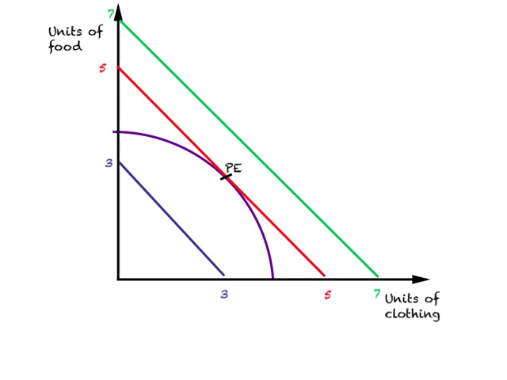possibilities. Now, in order to show that PE, or production equilibrium point, which is the point of tangency between this budget line and the PPC, represents the highest level of income that this country can generate given its production possibilities, consider this green line, which is defined at 7.7.